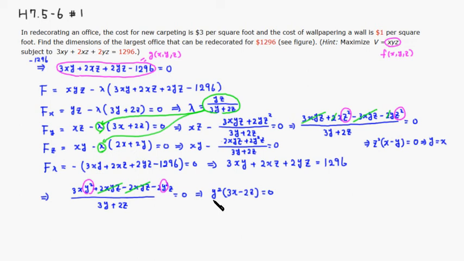So since we don't want y to be 0 because that's not going to maximize the volume, we have to make sure that this guy is equal to 0, which means that z is equal to 3x over 2. All right. Then what we're going to do is we have this expression. y is x and the z is 3/2 x. I'm going to plug those guys into this equation.